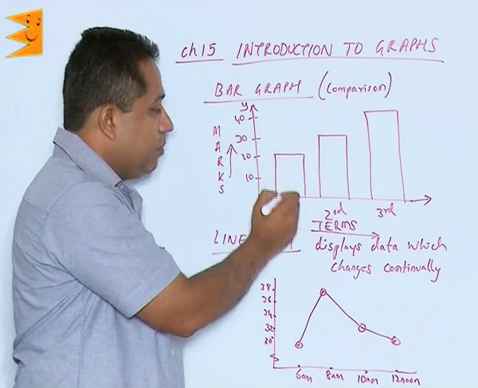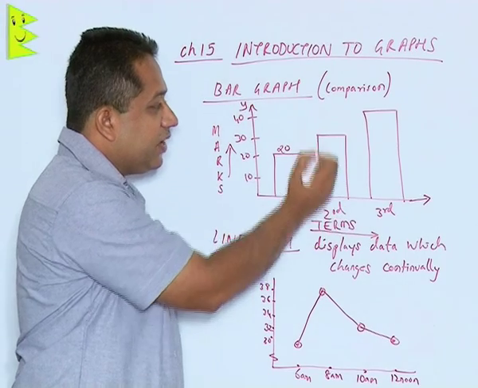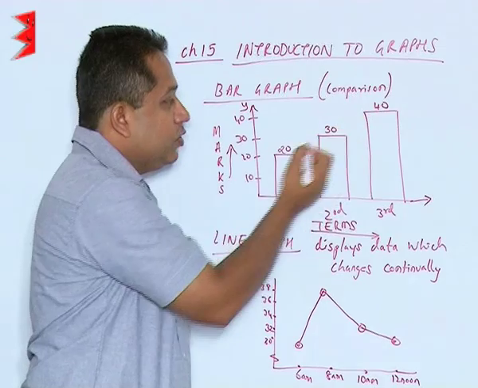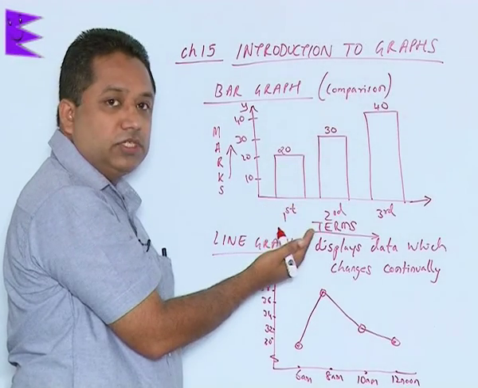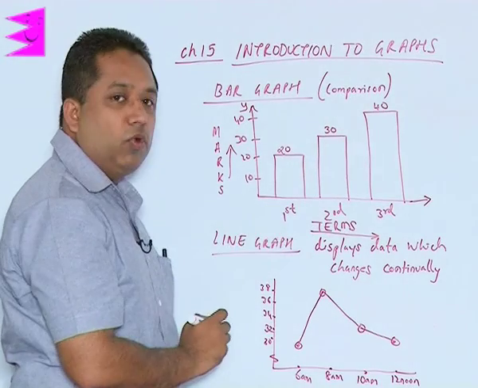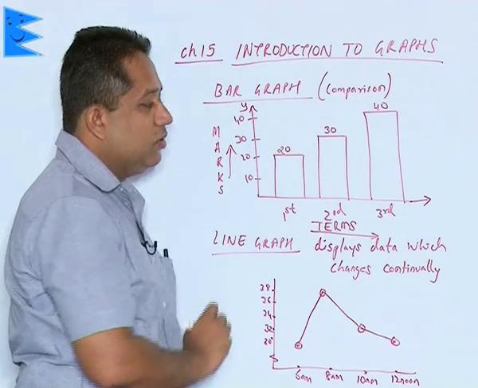So, we can say that the marks scored by this student in the first term was 20, in the second term was 30, and finally in the third term it was 40. So, we have compared the 3 terms, and we find that the student is continually improving, from 20 to 30, then from 30 to 40.